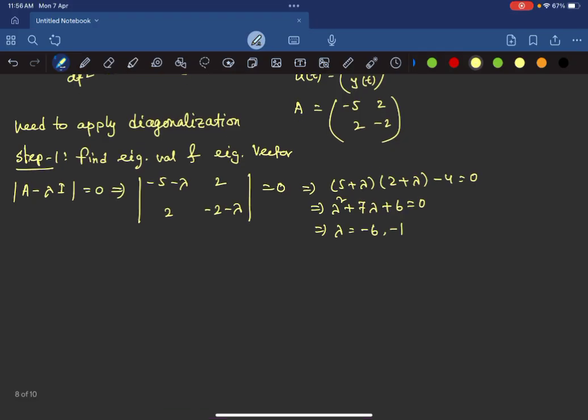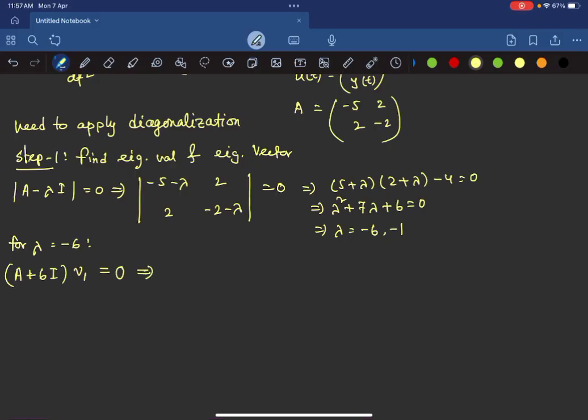Now next step is what? Find eigenvector. So for lambda equal to minus 6, if you want to find the eigenvector, (A minus (minus 6) I) v1, suppose v1 is one eigenvector corresponding to that, equals the null vector.